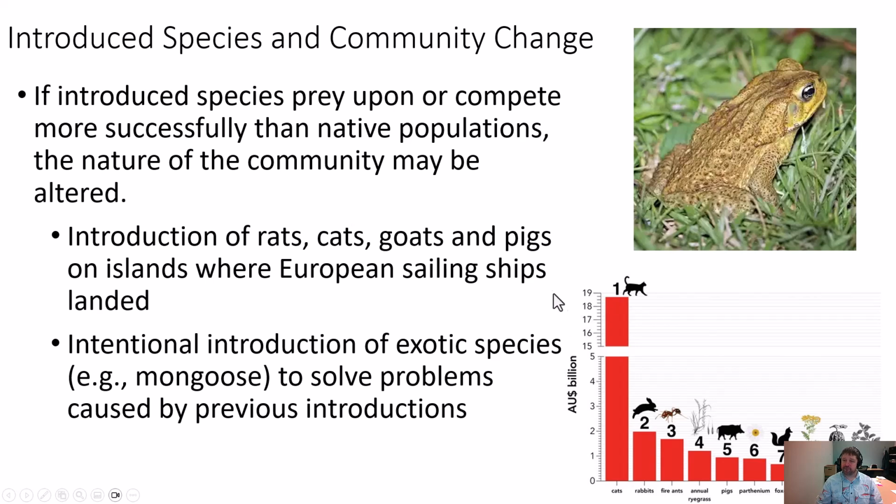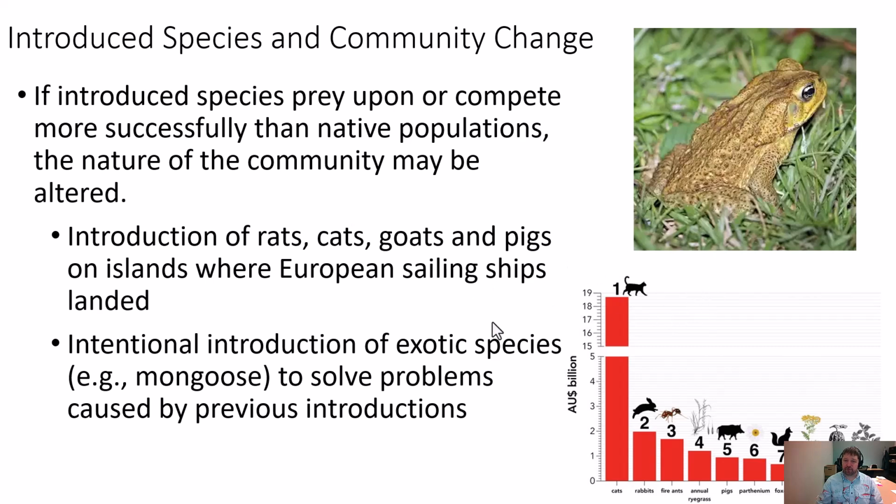Cats are very good at hunting, and have been shown to cause billions of dollars of damage to native bird species, native small mammal species, even in regions that are more arid, native reptile species.